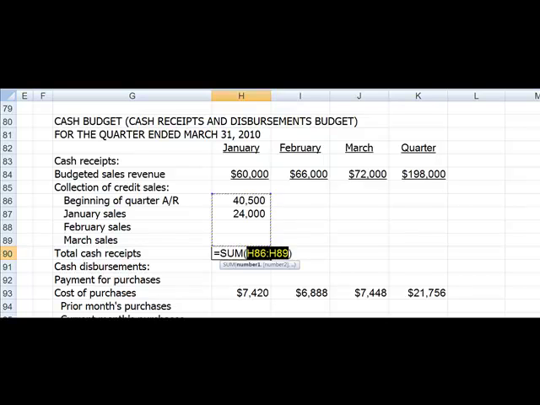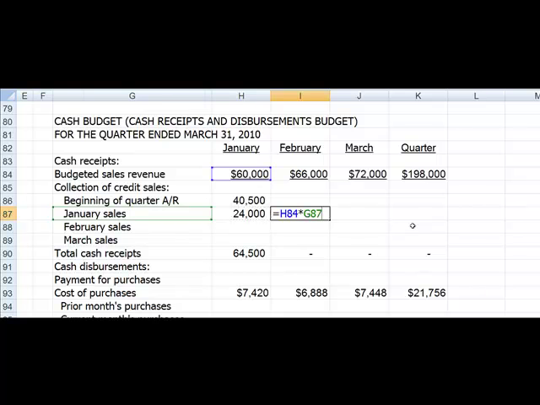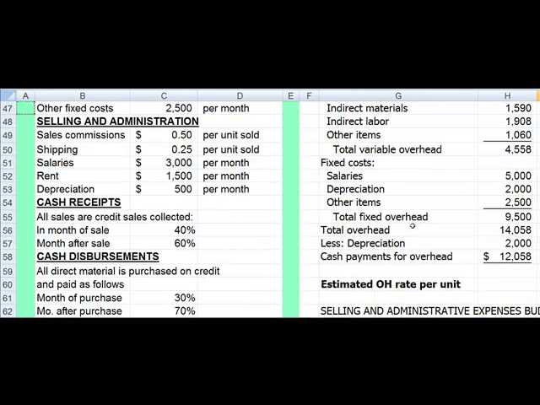I'm going to use auto sum so that I can copy that across, and I'll get the totals as we go. Now, 40% was collected in January. That means the other 60% is going to be collected in February. So we start with our January sales, and we go over to our assumptions, and we pick up 60% for the month after sales.